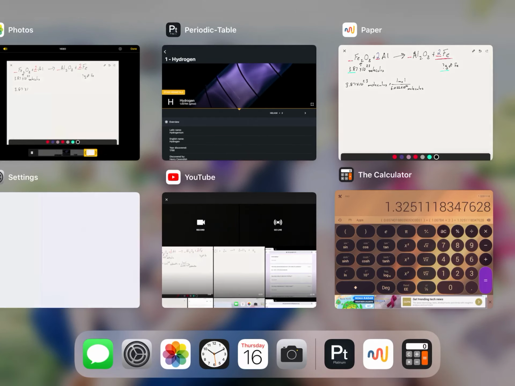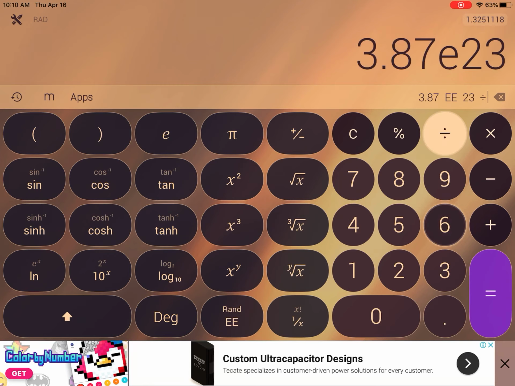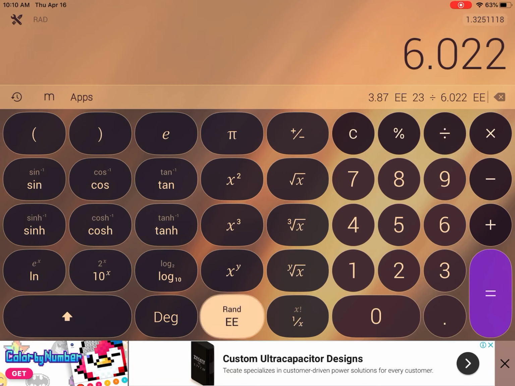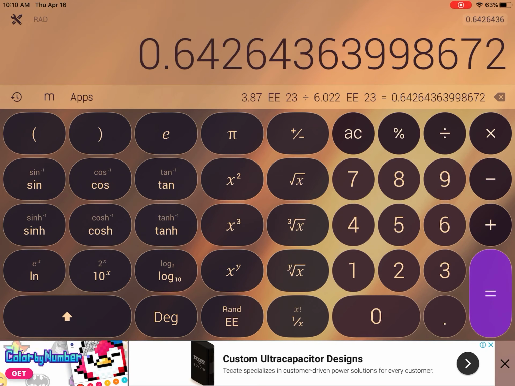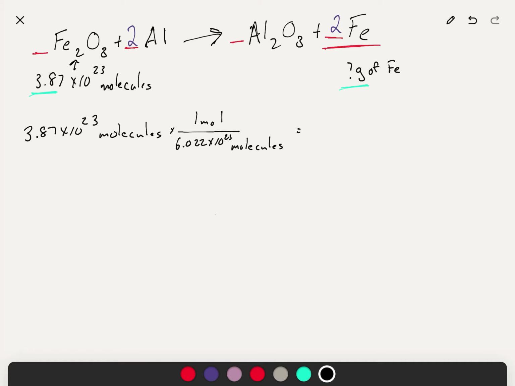So 3.87 E23 divided by 6.022 E23 equals 0.64264 moles of Fe2O3.